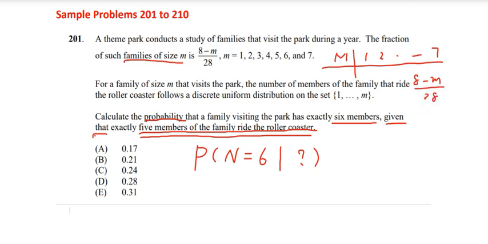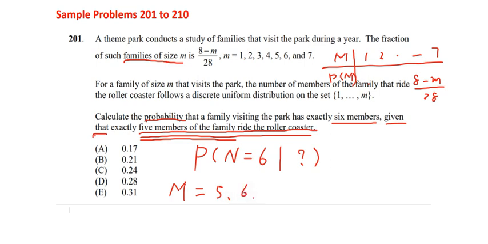Okay, so let's say we have 5 members of the family ride the roller coaster. So this m is just at least 5, so m can be 5, 6, 7.